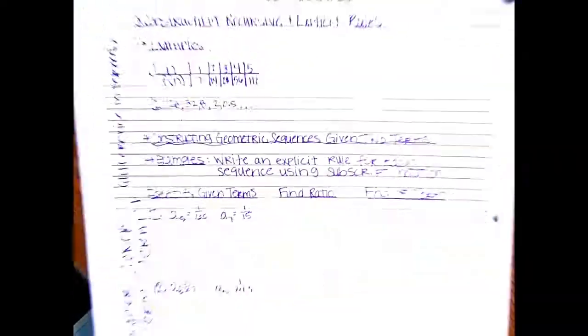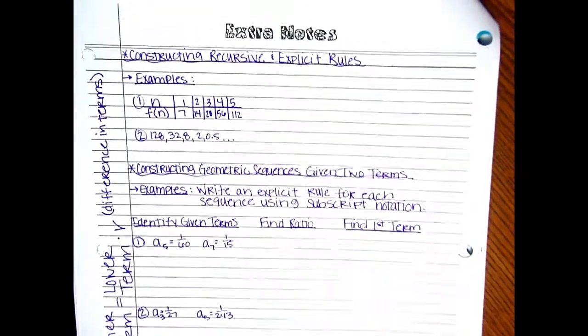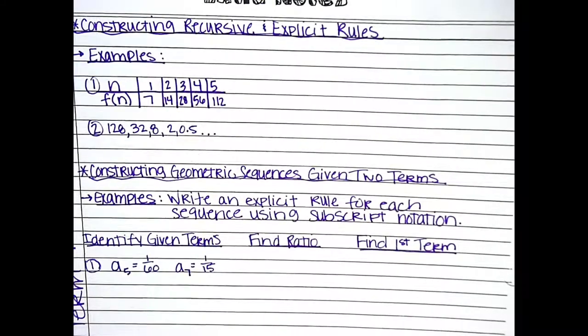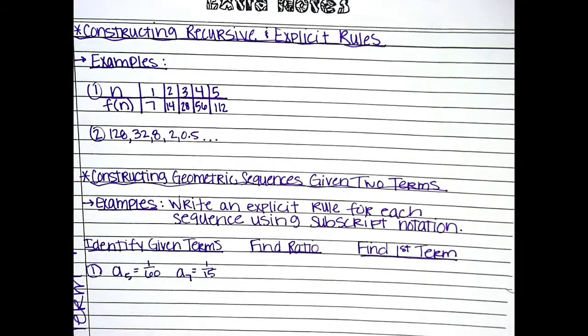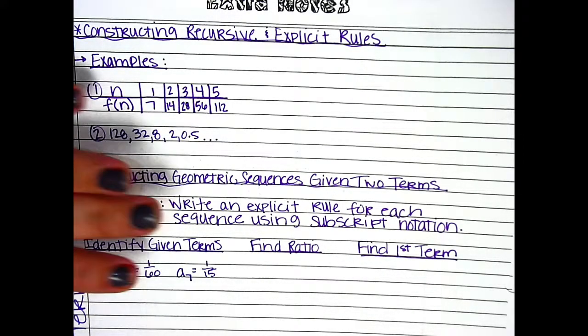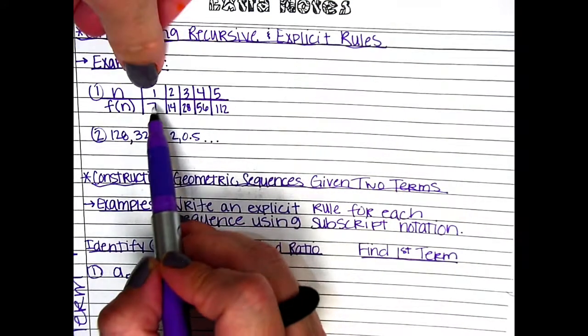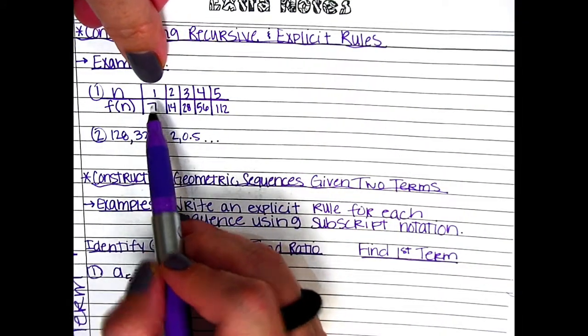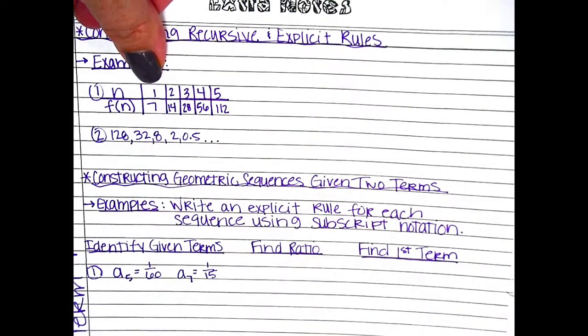On our extra notes, the first examples are constructing recursive and explicit rules. Number 1 is a table. When you're given a table like this, n is where the number is in the sequence.